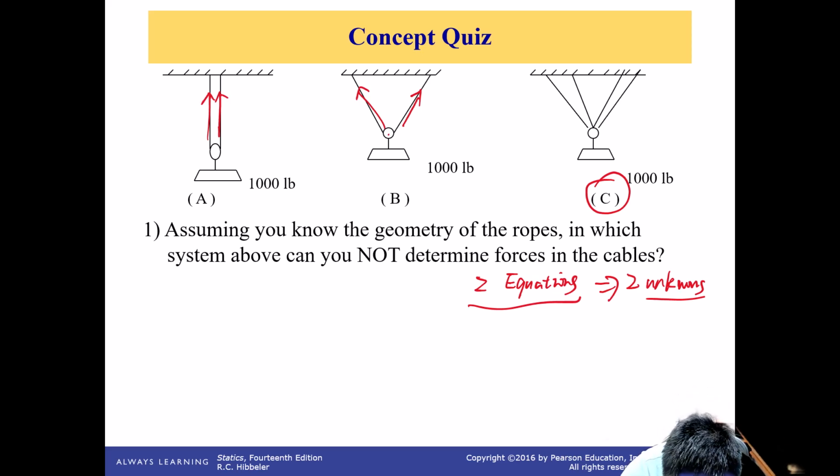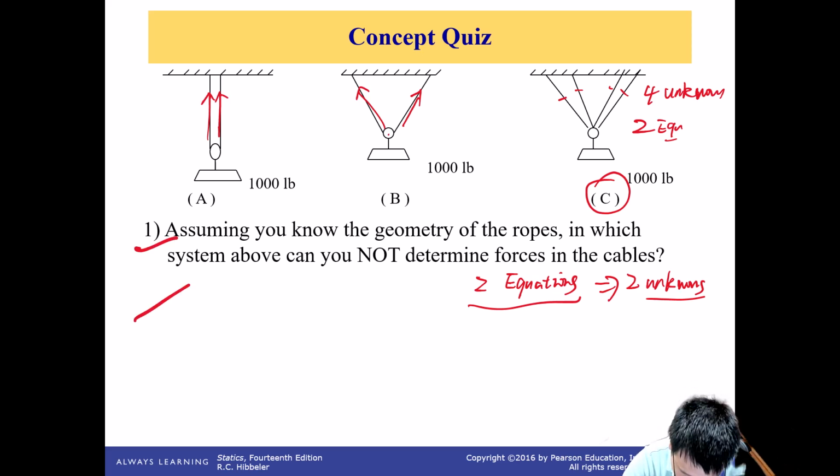But for C, we have four cables, four unknown forces, but we only have two equations. So we cannot solve four unknowns using only two equations. The answer to question 1 is C, and the answer to question 2 is C. Okay.